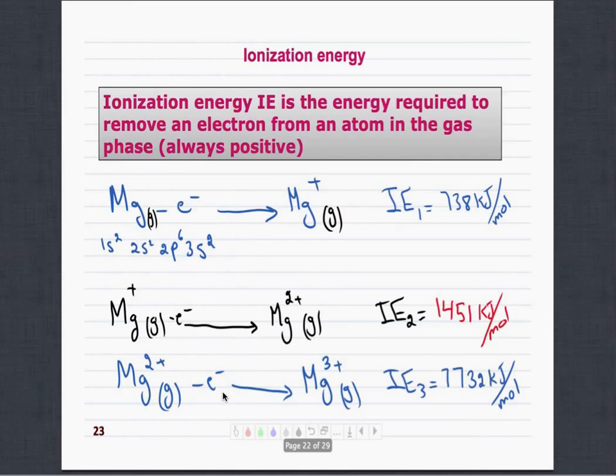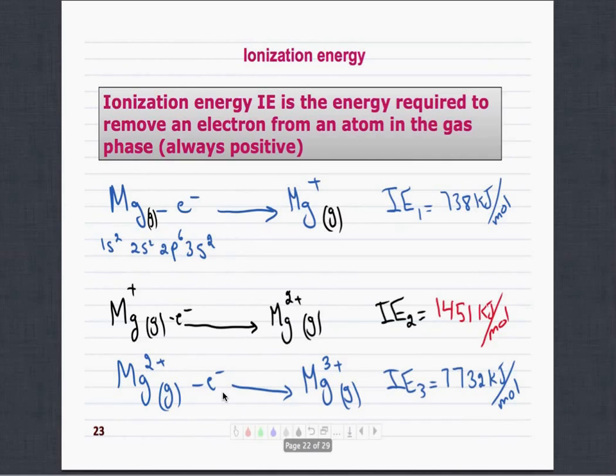When Q is positive, endo or exo? Endo. That means I need energy to take the electrons out of the atom, and that makes sense. Definitely I need energy to overcome the force between the protons and the electrons. So the ionization energy is always positive. It's always endothermic. We need energy to take an electron.